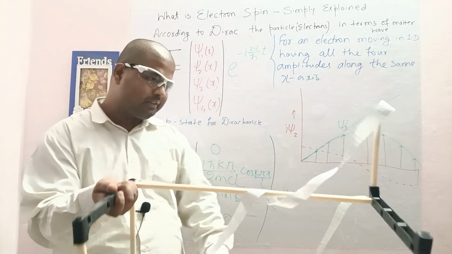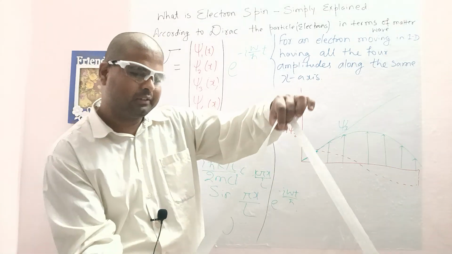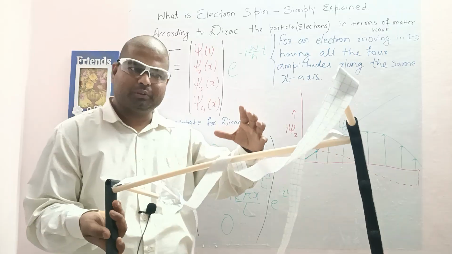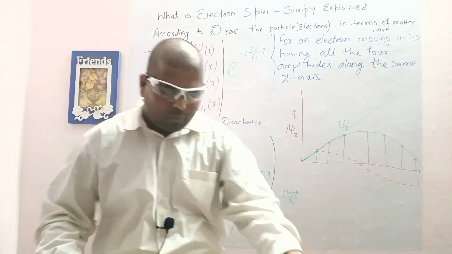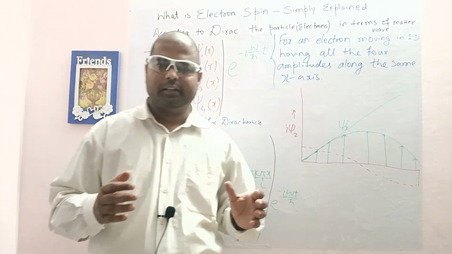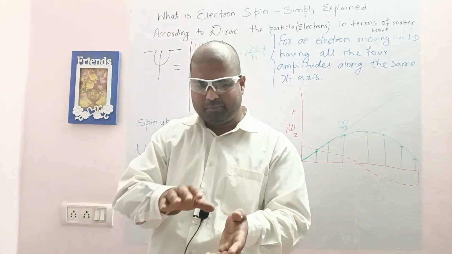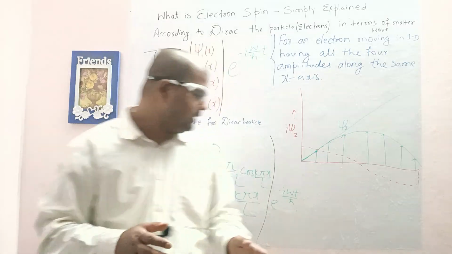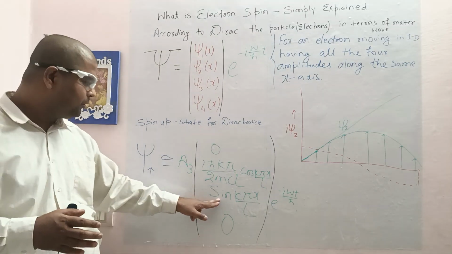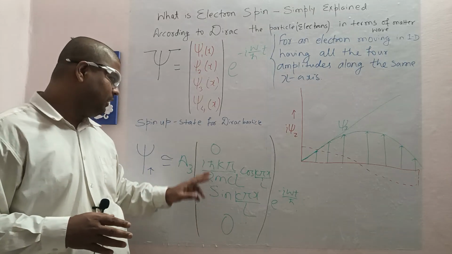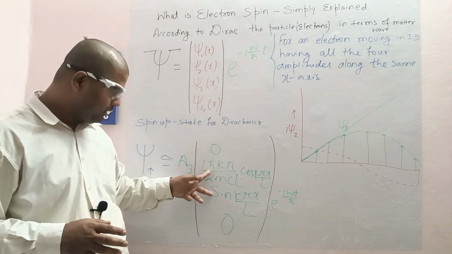In a spin down state, what have we noticed? This one is the bigger one, and this one. What have you noticed as the spin? All these things give you an insight. Something has changed, something has twisted. You have seen from here to here. In a spin down state, this was bigger, this was smaller, these two were zero.